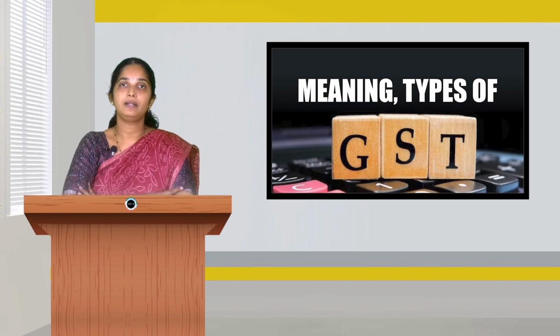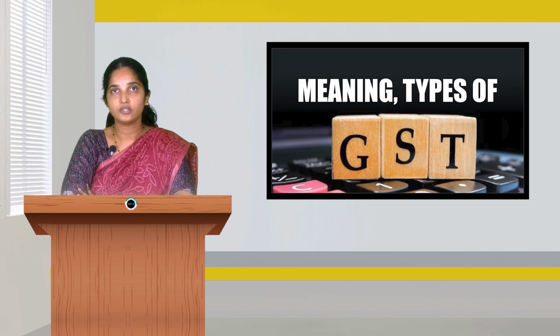For example, if you buy some goods within a state, the rate of GST is 5%. This 5% GST is distributed between the central government and state government at 2.5% each, so both earn income from that transaction in equal proportion.